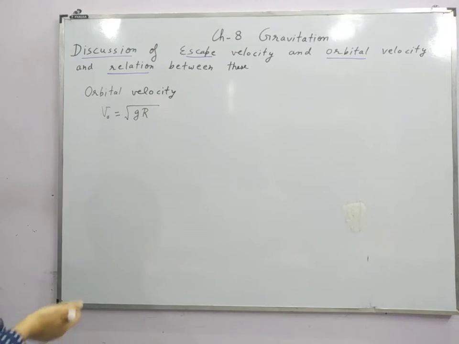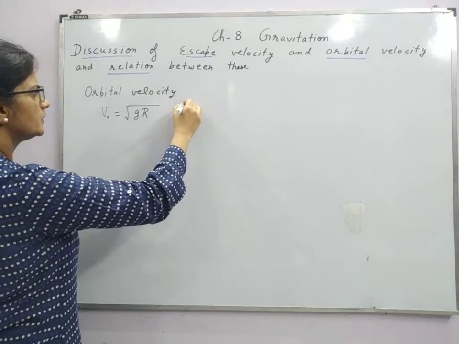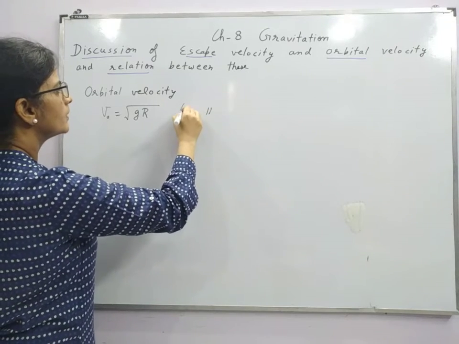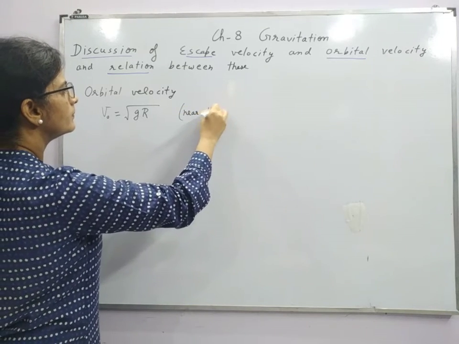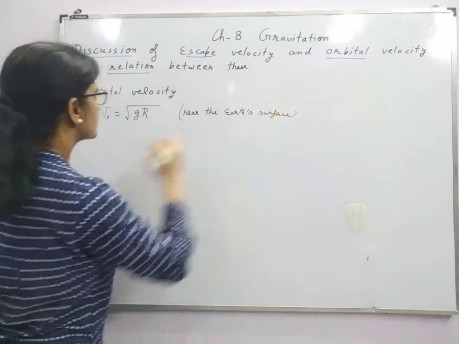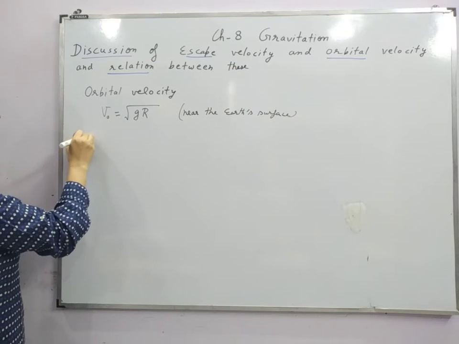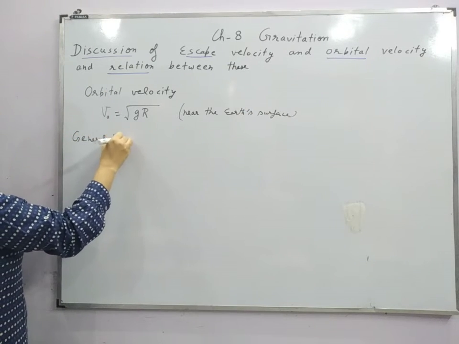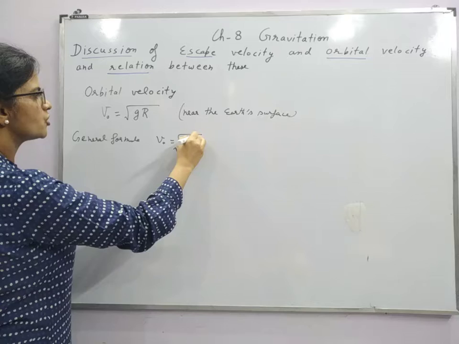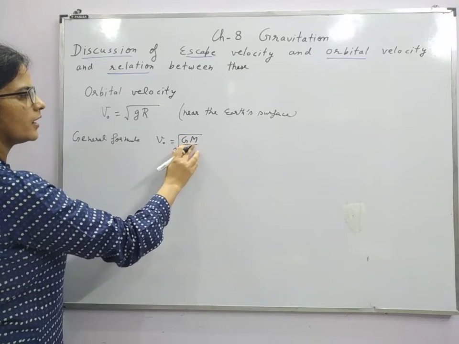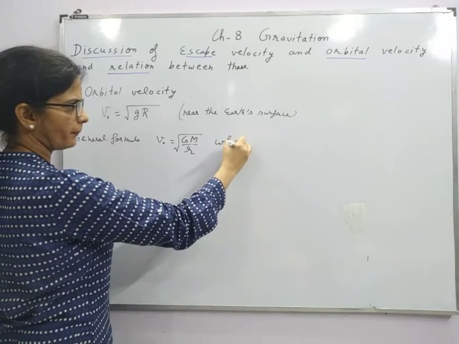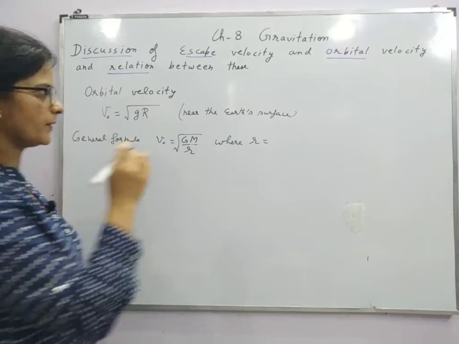And the other form of the formula was, this was at the near the Earth's surface, and the general formula was V naught is equal to under root GM upon small r, where small r is the radius of the orbit.